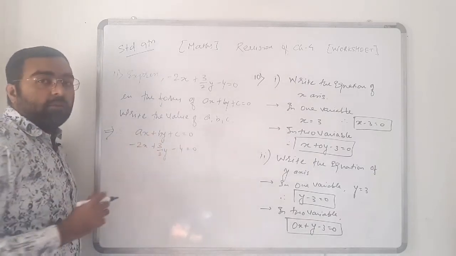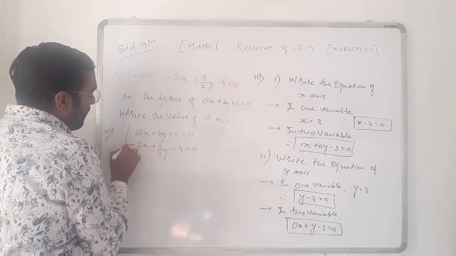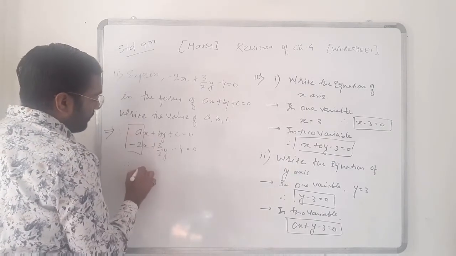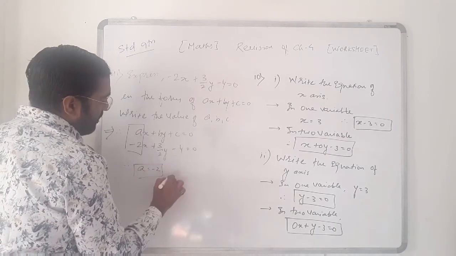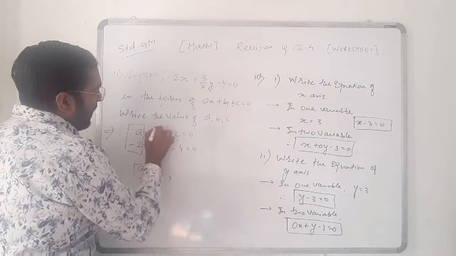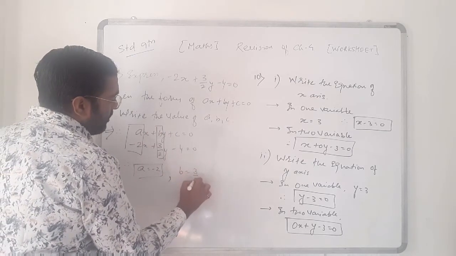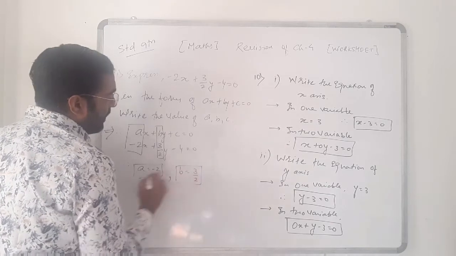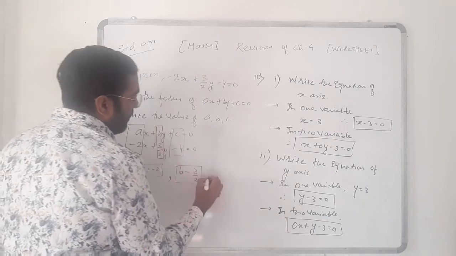Comparing both equations, the value of a is minus 2, the value of b is plus 3 by 2, and the value of c is minus 4.